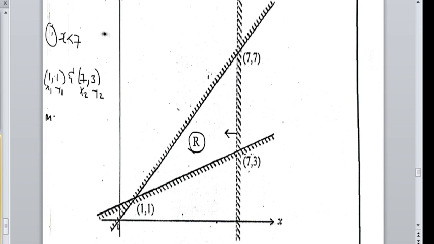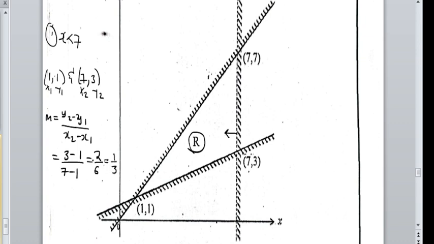The gradient is found by y2 minus y1 over x2 minus x1. y2 is 3 minus y1, x2 is 7 minus x1. So 3 minus 1 is 2, 7 minus 1 is 6, then 2 over 6 simplifies to 1 over 3. So the gradient is 1 over 3.